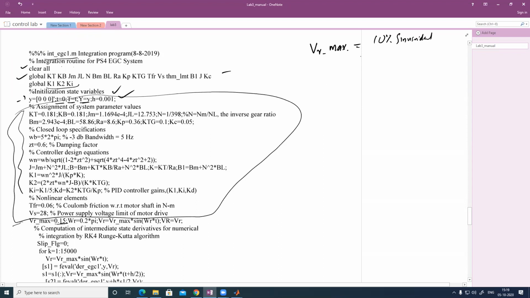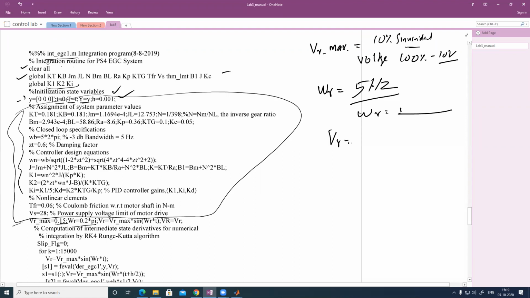So the command amplitude is now the voltage reference. 100% voltage reference is 10 volt, so corresponding to that you have to choose. And omega r equal to 0.2 pi only is given here, but in your paper the procedure is that you have to simulate 5 hertz only. So 5 hertz means omega r will be 2 pi times 5.